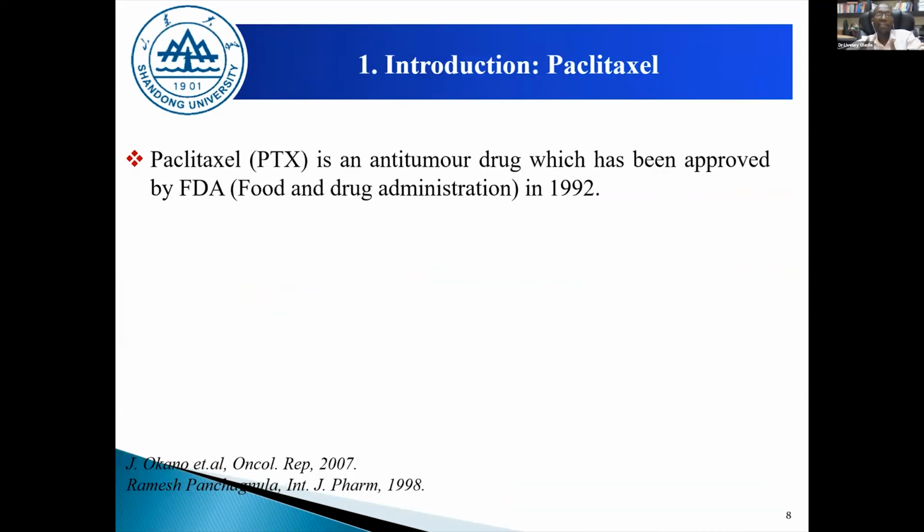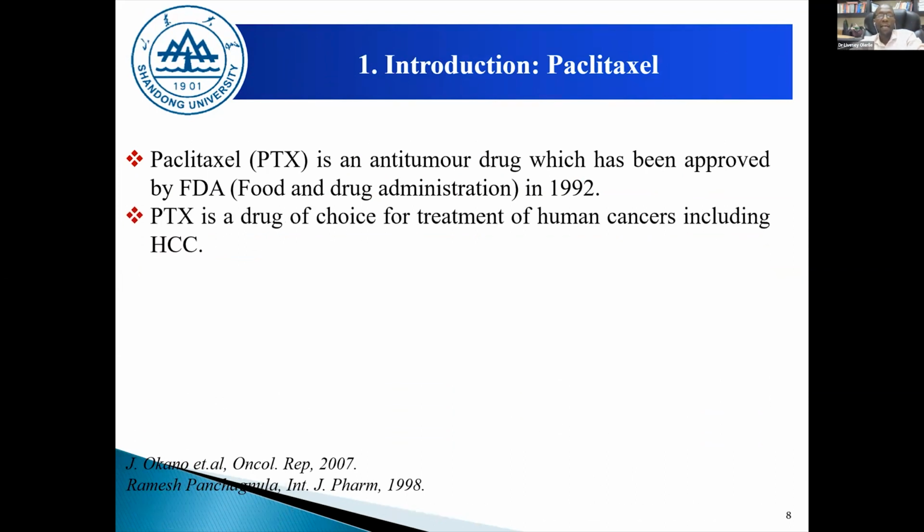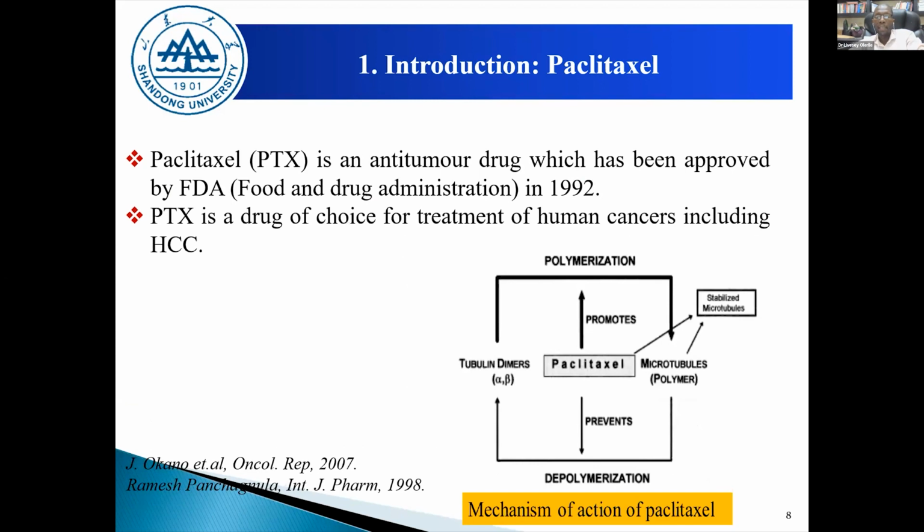Now, the PTX, you're all familiar with it. It's a very old drug. This drug was approved by the USA FDA, Food and Drug Administration, in 1992 as an anti-tumor drug. It's a drug of choice for treatment of human cancers, including HCC. Now, the mechanism of action of paclitaxel or PTX, in brief, is that it binds to alpha-beta heterodimers, and also acts as a microtubule stabilizing agent.